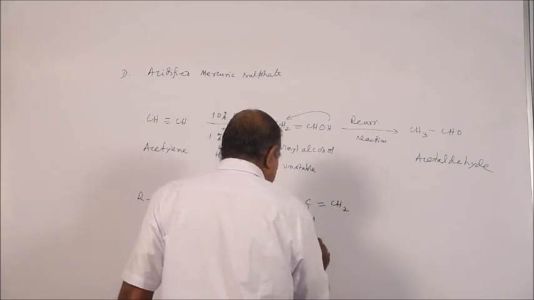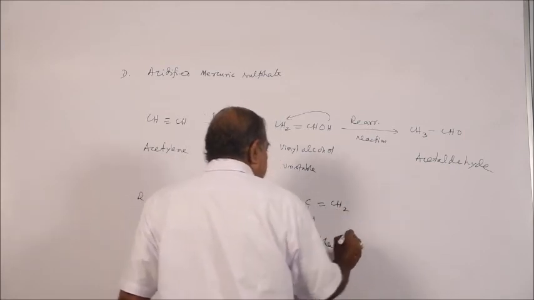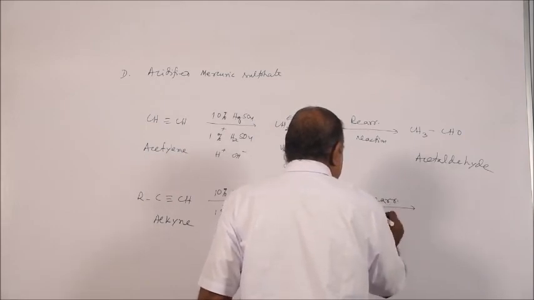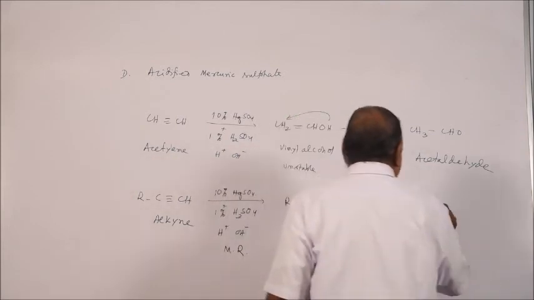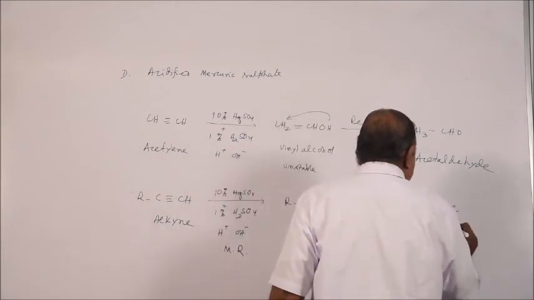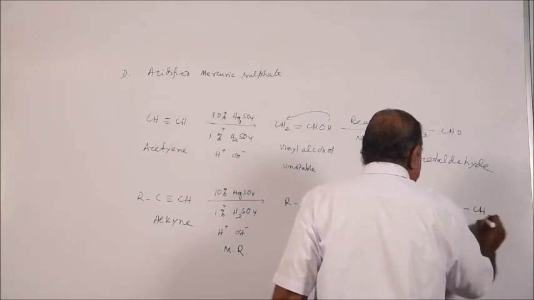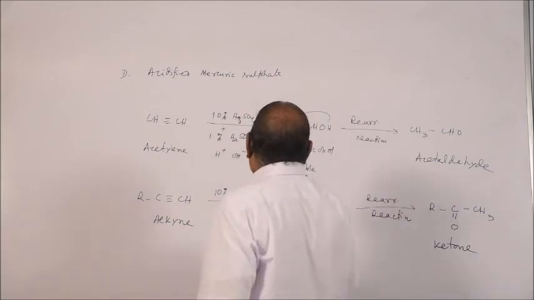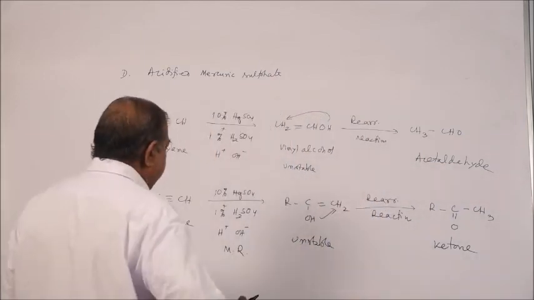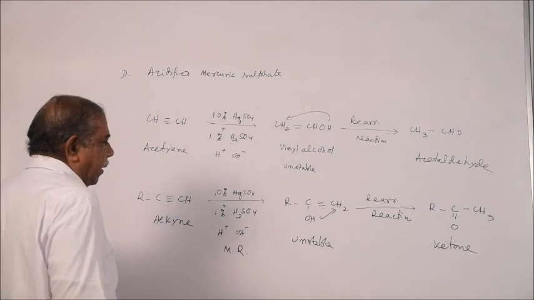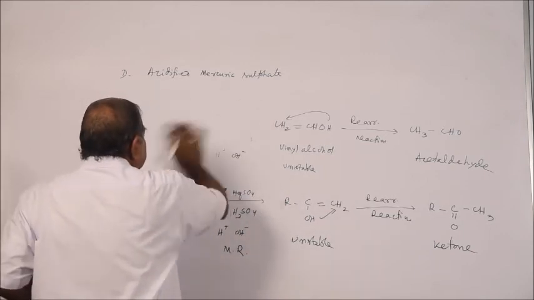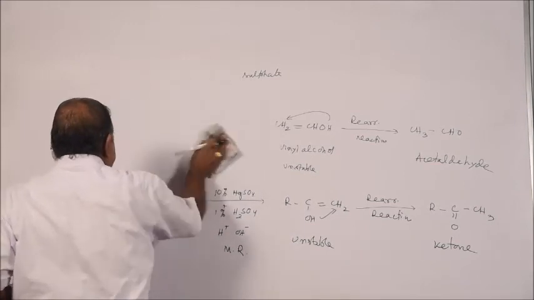This is unstable, and undergoes a rearrangement reaction to stabilize it. In the rearrangement, one hydrogen atom moves from one place to another. So you are getting a ketone. So if you are taking acetylene, it gives you acetaldehyde. If you are taking any other alkyne, you will get a ketone. So these are the different reactions of alkynes.